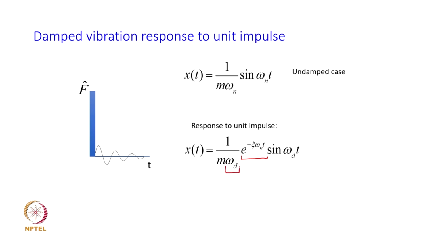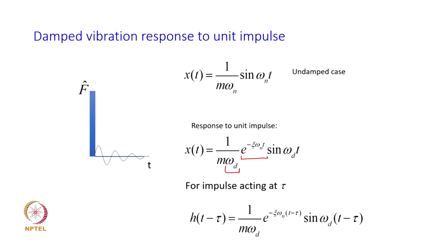Instead of omega n, we will have the damped natural frequency appearing in the expression, and therefore the response to unit impulse for any arbitrary impulse appearing after tau period of time will be given by this expression. So, the impulse response function will appear like this. You multiply this with the actual impulse value, and that will give you the total response that we have already seen.